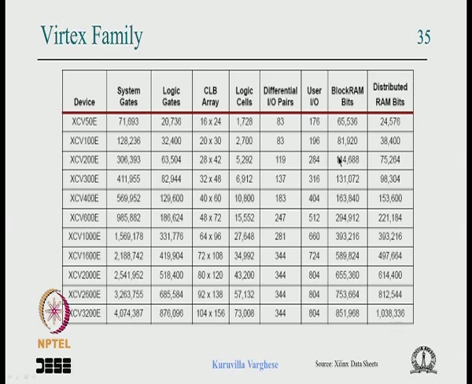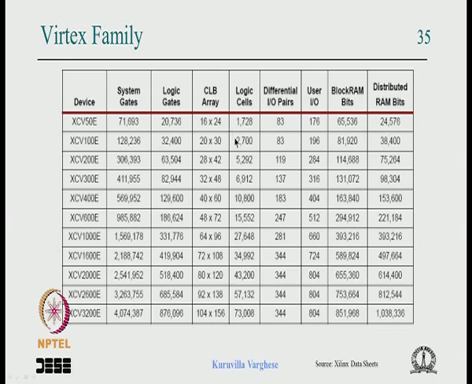Another important thing is the block RAM bits, how many dedicated memory bits are available. Here around 81 kilobits are available. For the last device, it is nearing 1 megabit. And the distributed RAM bits has to do with the CLB array, so it can be calculated from the CLB array spec, not a big spec.